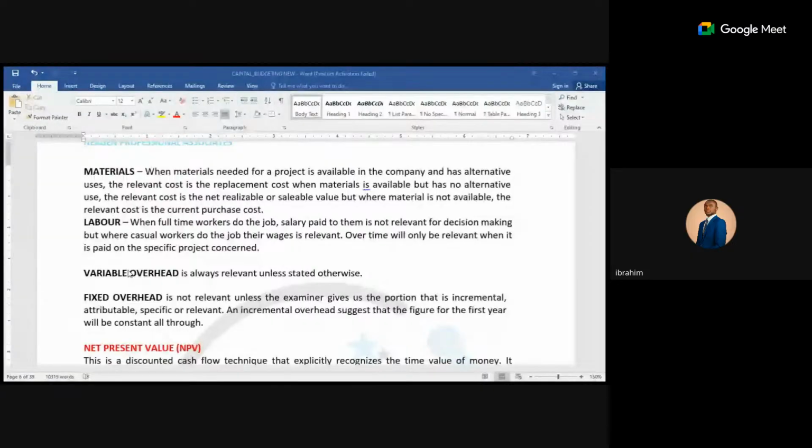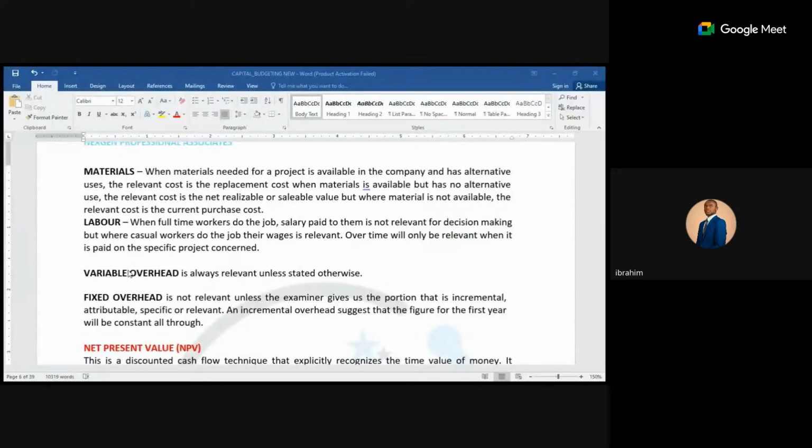Net realizable value means that if the material sales proceed is 200 naira and you incur 100 naira, the net is what we call net realizable. The relevant cost will be the net realizable value, right?